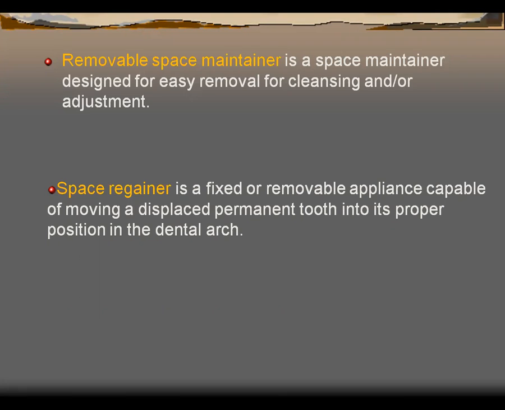In that case, you can give a space regainer. First, you regain the space, and after that, you have to maintain it. That is space regainer. There are different types of space regainers. They can be removable, fixed, or semi-fixed. We'll see it in detail later.